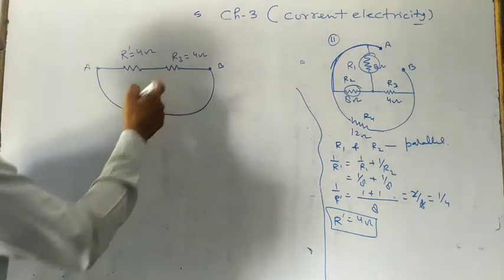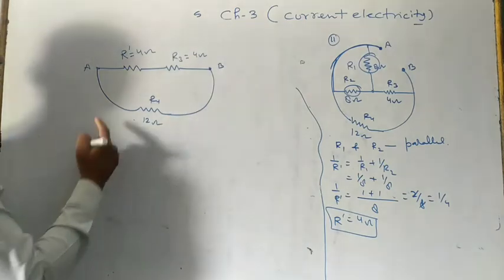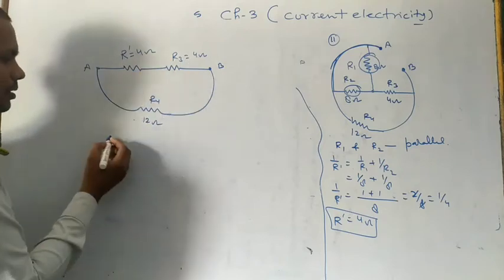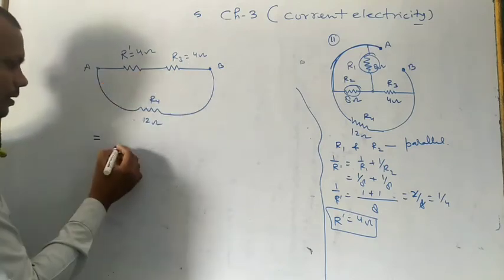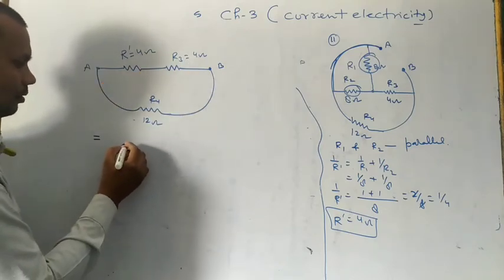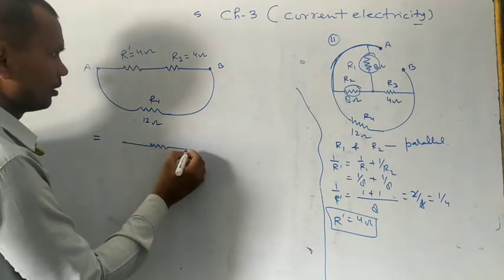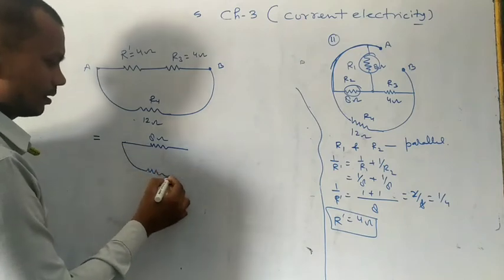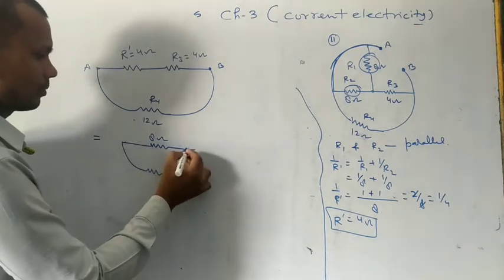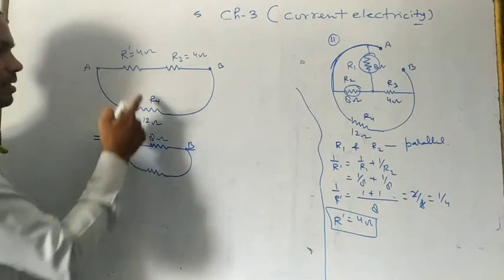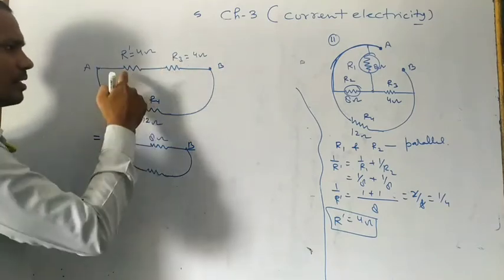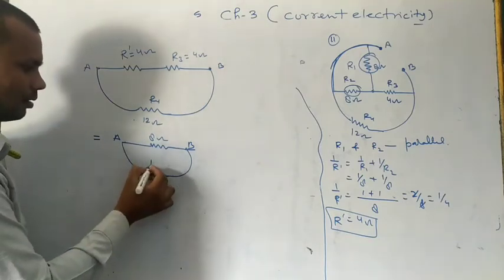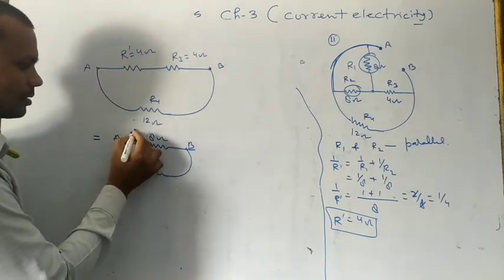Now both are in series, so simple addition is used. 4 plus 4 is 8 ohm. This is the equivalent of R dash and R3, since they are connected in series, so we used simple addition.